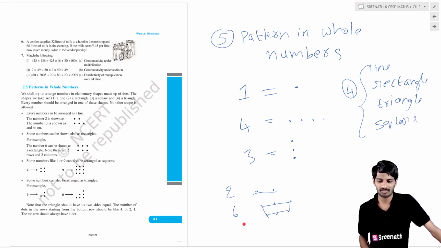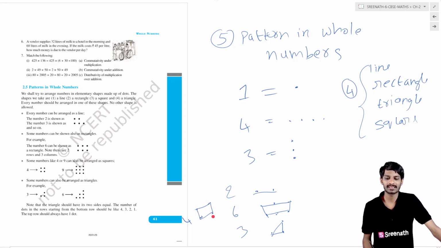Length and breadth are not equal. Then how will you get a triangle? If you have 3 dots, 1 dot, 1 dot, 1 dot, these 3 dots will form a triangle. And how will you get a square? Simple, if you take 4 dots, it will give a square. Length and breadth are equal. In this way we have to make whole numbers into different shapes.